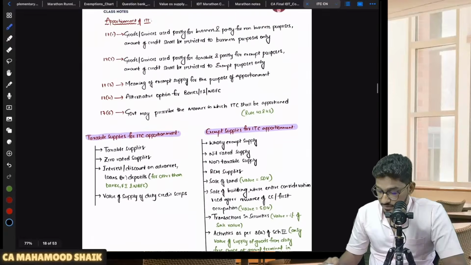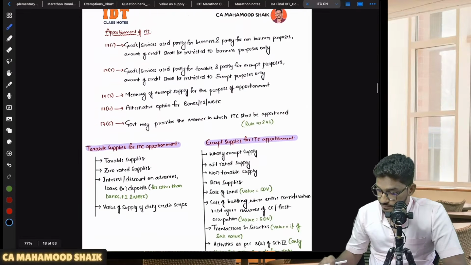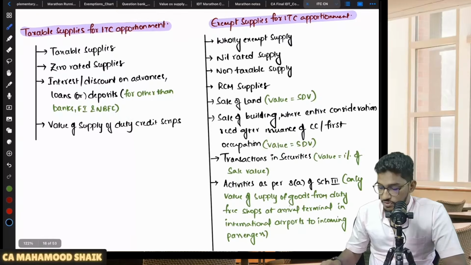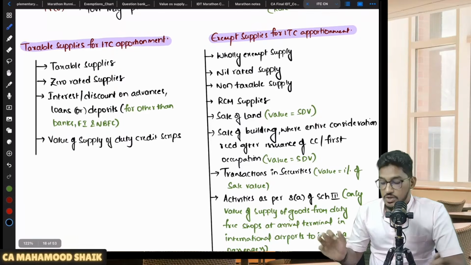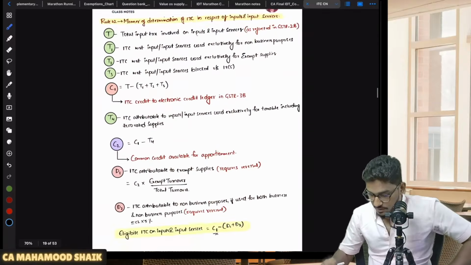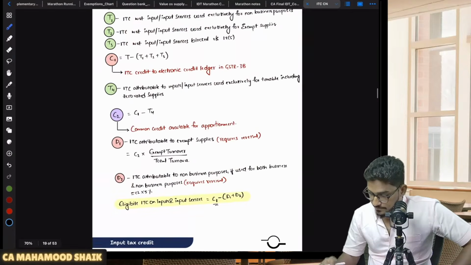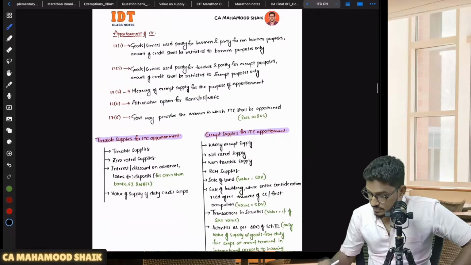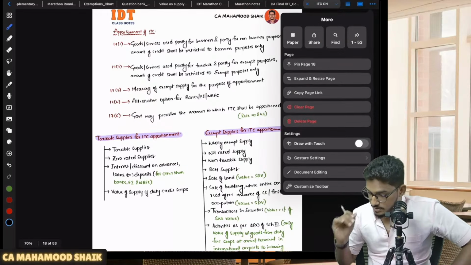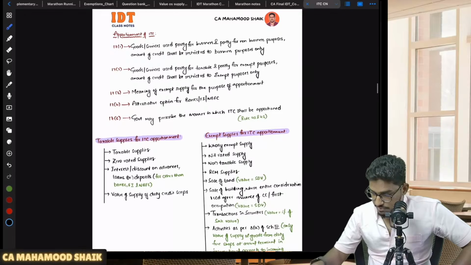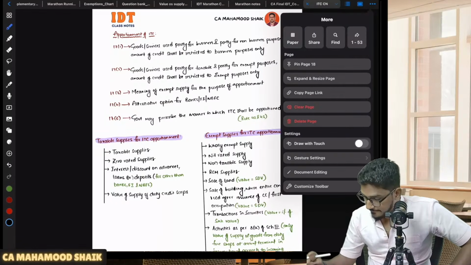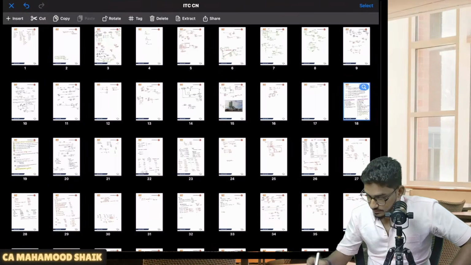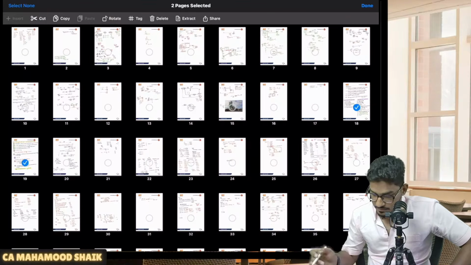So how to do the apportionment, sir? Let us see. I will copy these two pages. Just one minute.